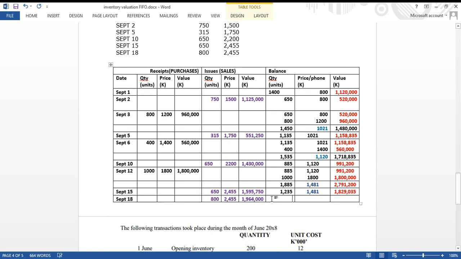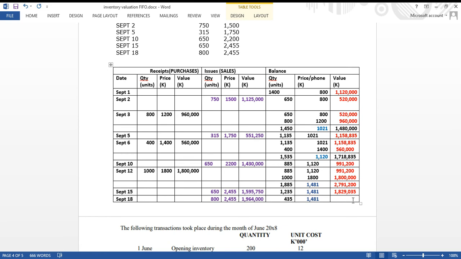All right. So we subtract that from 1,235. All right, remain with 435 units, going for 1,481. And then we say 435 times 1,481.